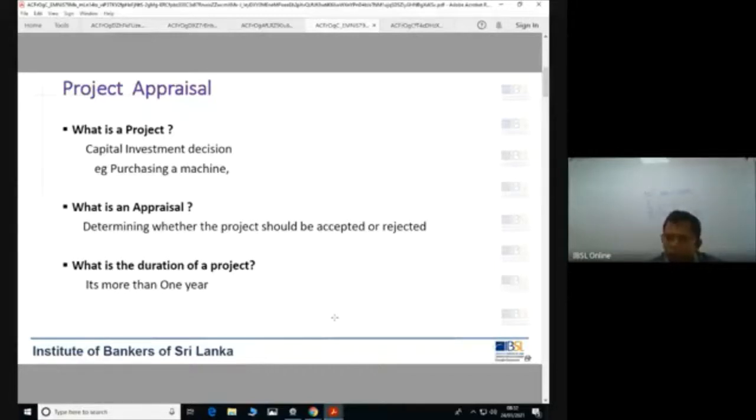How do you fund this project? Is it from your own money, the company's own money, or borrowed money? Which option is viable for us? How do you assess, how would you take a decision whether this project is viable or not?